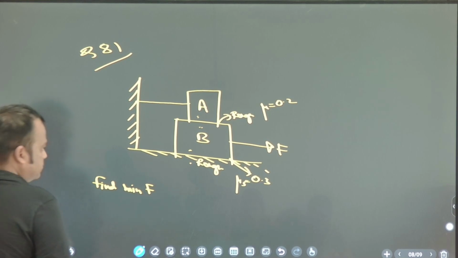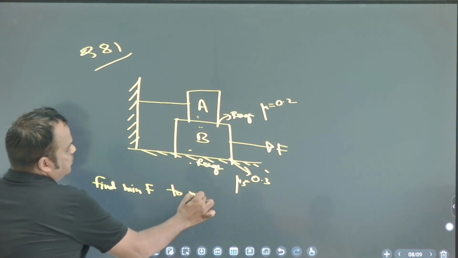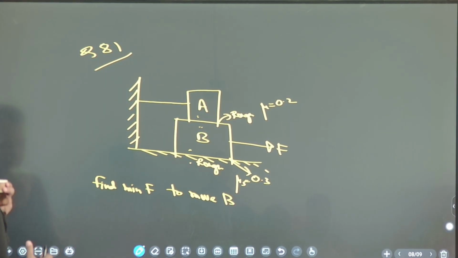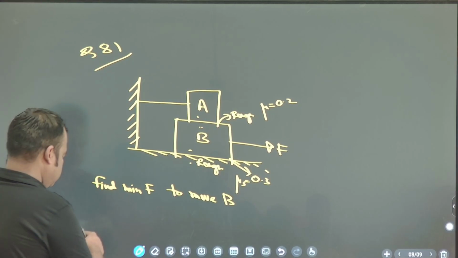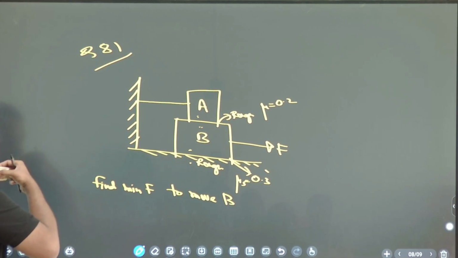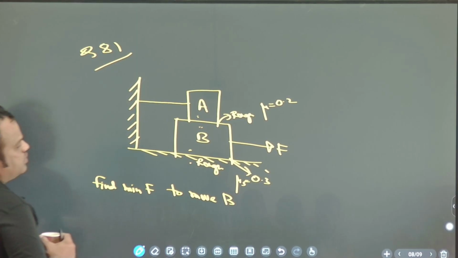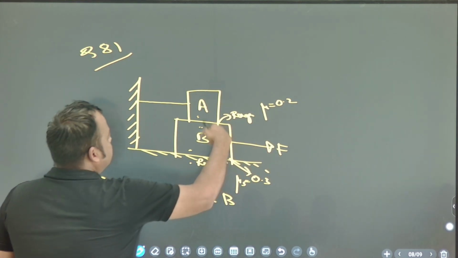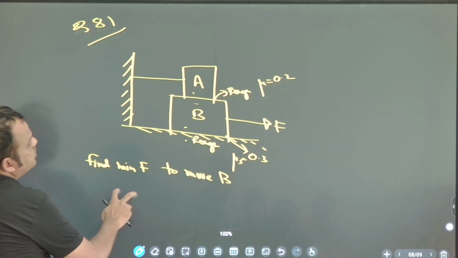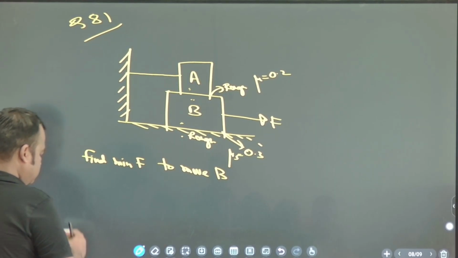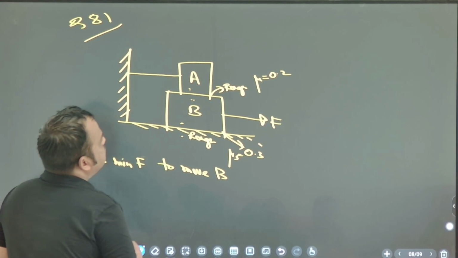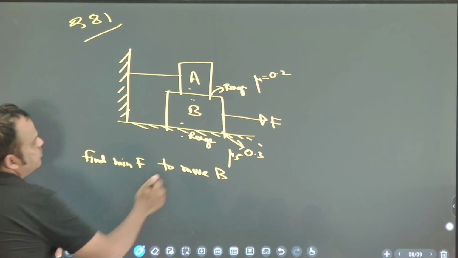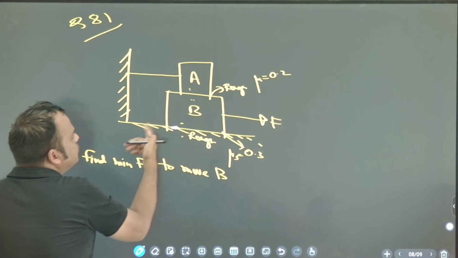Find minimum F to move B. Find minimum F to move B. So when you try to move B right side, friction will come from ground left side.